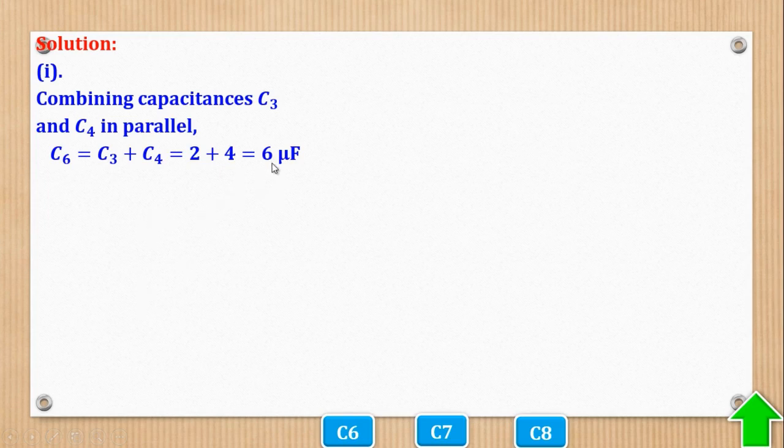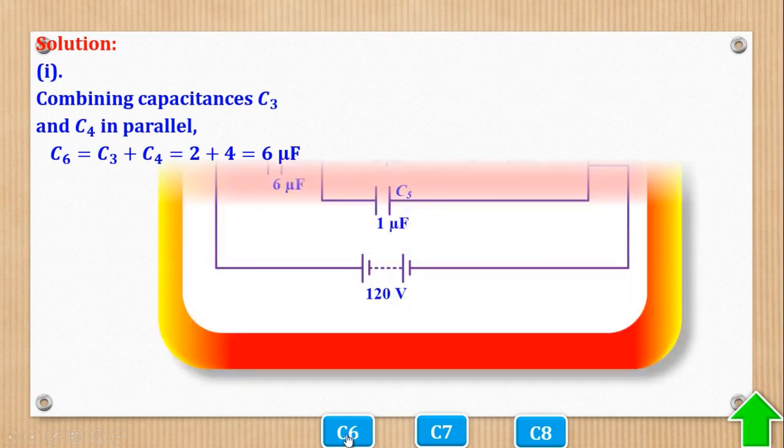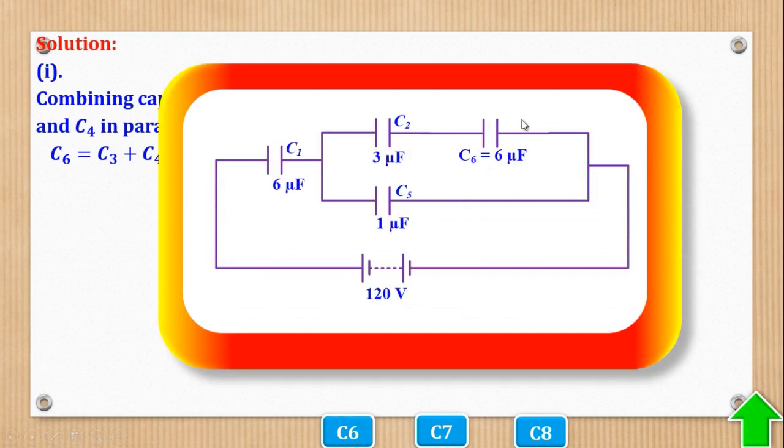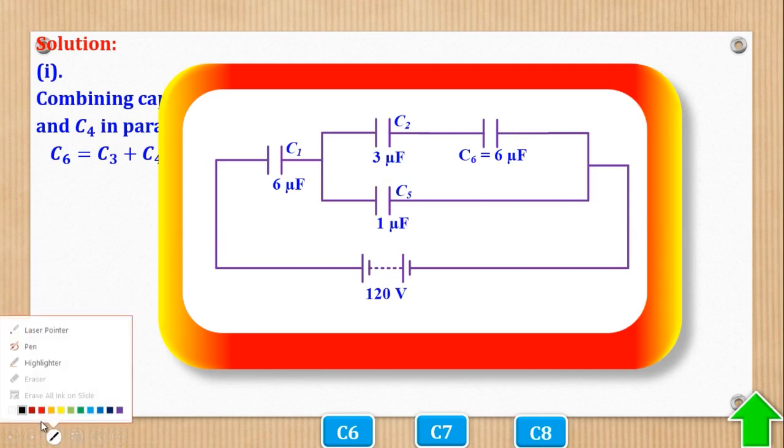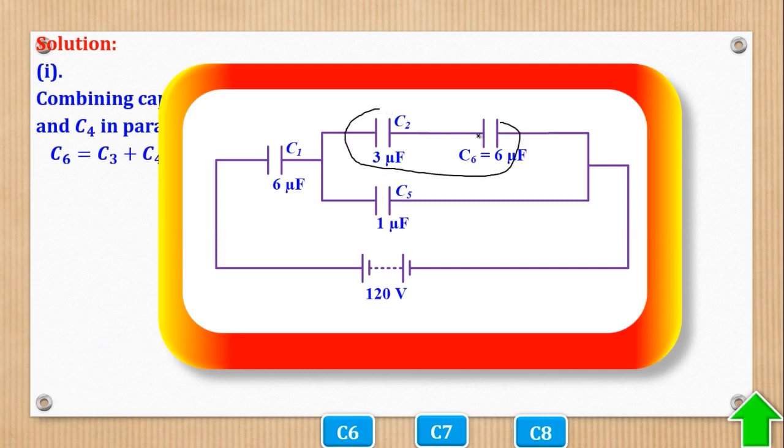Now when we get this, the circuit will look in this way, because we have combined the two capacitances which were in parallel at this part. So that means that now next is to combine these two. Why are we combining the two?